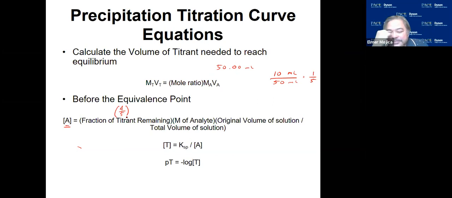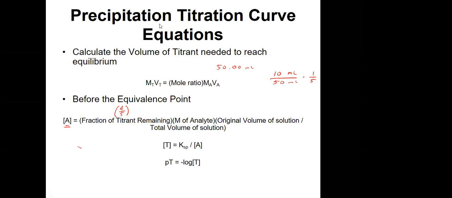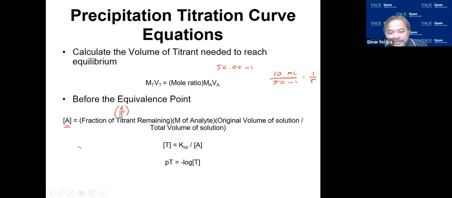Does this make sense? Where did I get the four-fifths here? Because 50 mL is the one that I need for equivalence volume. But I only have 10 mL that I added. So that means whatever I have there, it's only one-fifth. And that one-fifth is the one that's going to react with the iodide. So the one that remains unreacted is four-fifths.